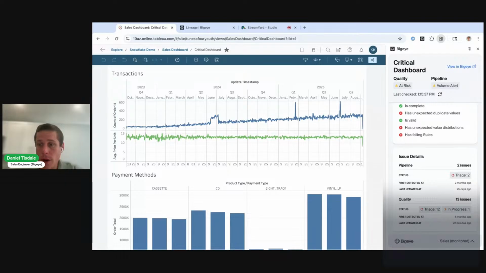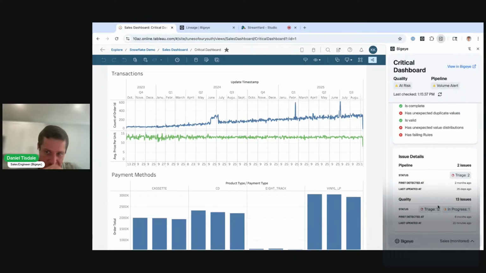And then the bulk of our issues are under quality, and quality type of issues would be things like duplicate checks, null checks, any sort of numeric distribution checks, custom business logic checks. That's where we've got the overwhelming majority of those issues here. You can also see the status.